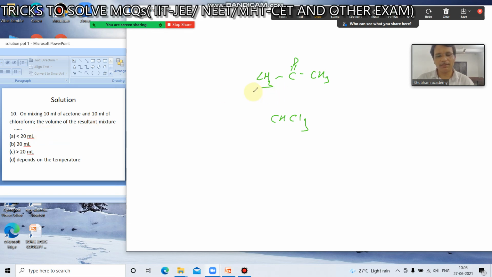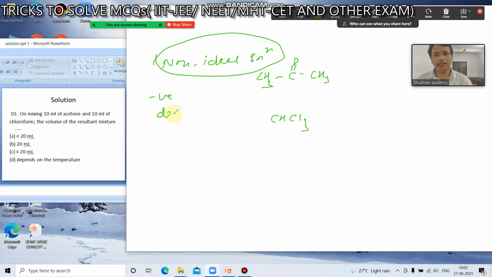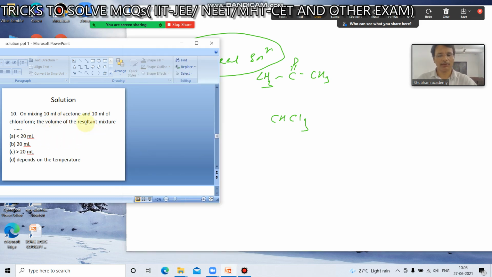This mixture is an example of a non-ideal solution with negative deviations, and that's why the volume is less than the total volume. So the first option is our correct answer because of negative deviations from Raoult's law.